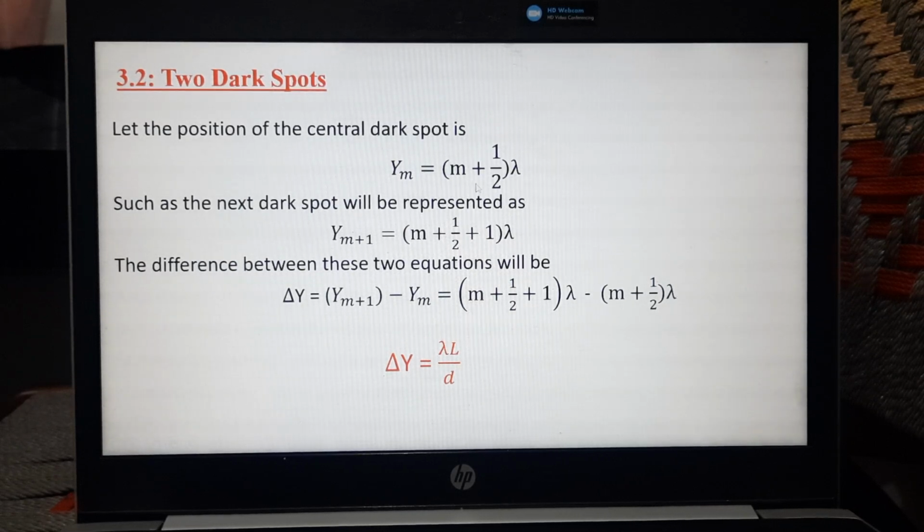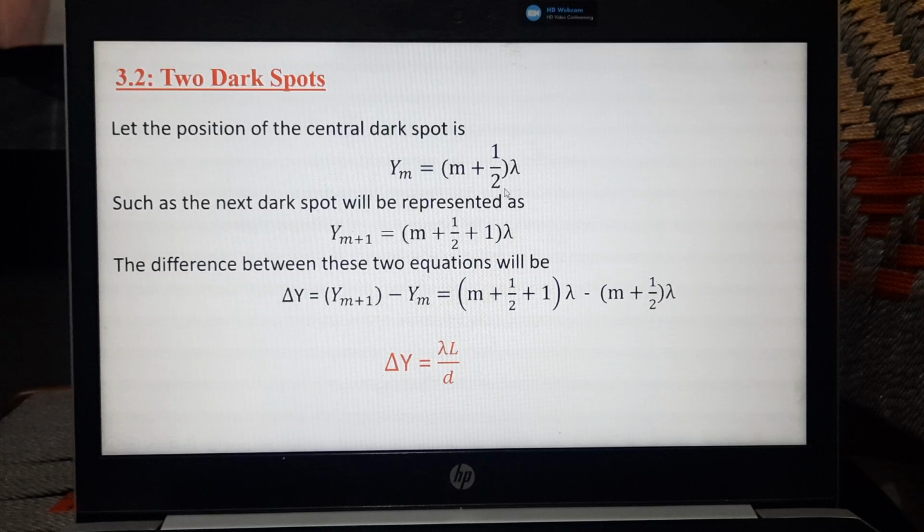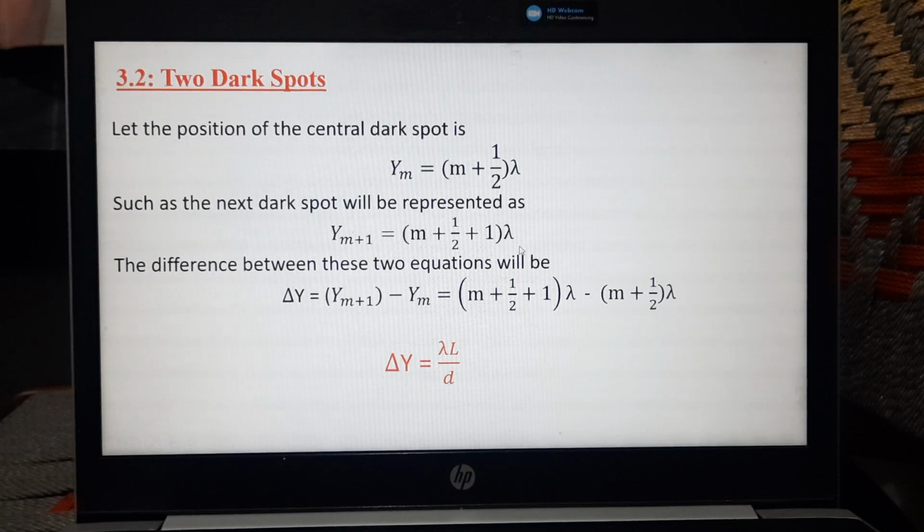If it is dark, it will follow the condition of destructive interference, which is m plus half lambda, such that the next dark spot will be represented as m plus 1, the next one to the first dark one, following the condition m plus half plus 1 lambda. Again we calculate the difference of these two equations, which comes out to be delta y equal to lambda L divided by D.